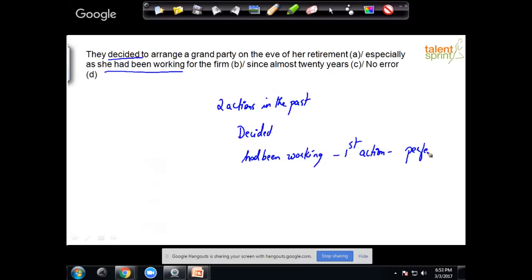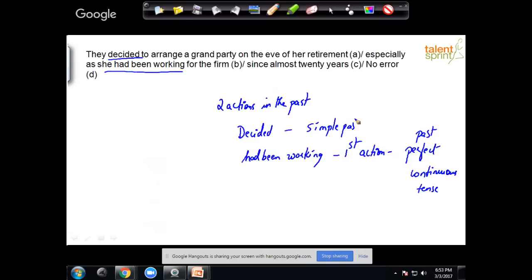Present perfect. I'm sorry, past perfect, because we're talking about the general tense in the context is past. Past perfect continuous tense. Right? And decided is simple past.